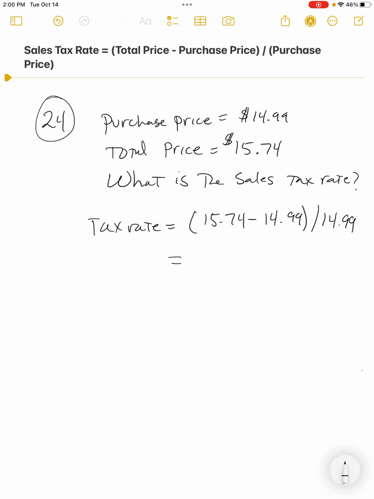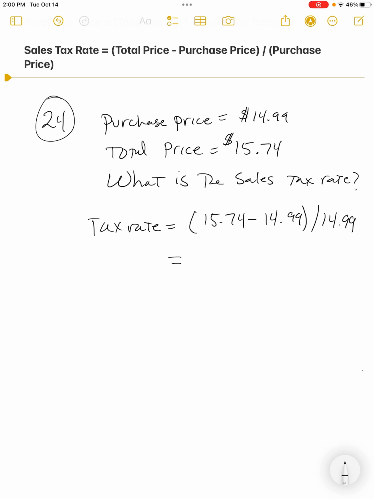Okay, cool. Let's just plug it in exactly how we see it. Open parentheses, 15.74 minus 14.99, close those parentheses, hit the divide by button, and type in the $14.99.